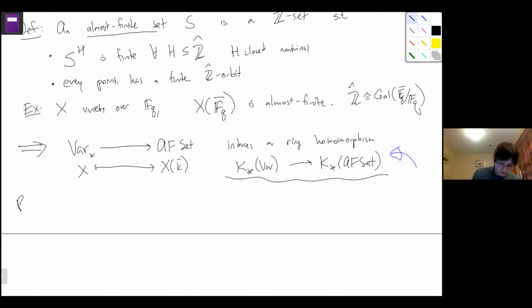Now, I'm only going to call this a proposition because I don't think that this is terribly interesting, but there is a map from K of almost finite sets to the wedge over all n of the pointed suspension spectrum of B Z mod n. And I'm just going to add a quick conjecture because I'm pretty sure this is an equivalence.